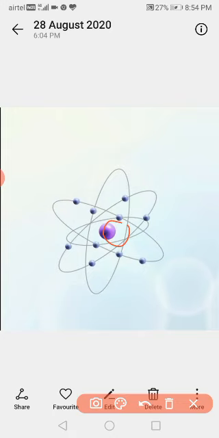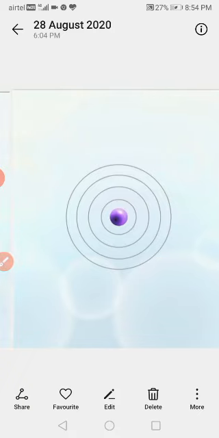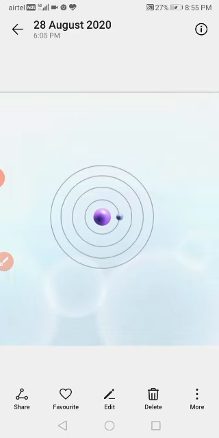This is just like the planetary system, with the sun at the center and the various planets revolving around the sun. So this is just the 3D model, and this is the simplified 2D model of this 3D model. Here you can see the nucleus and the various orbitals, and then we have the electrons.